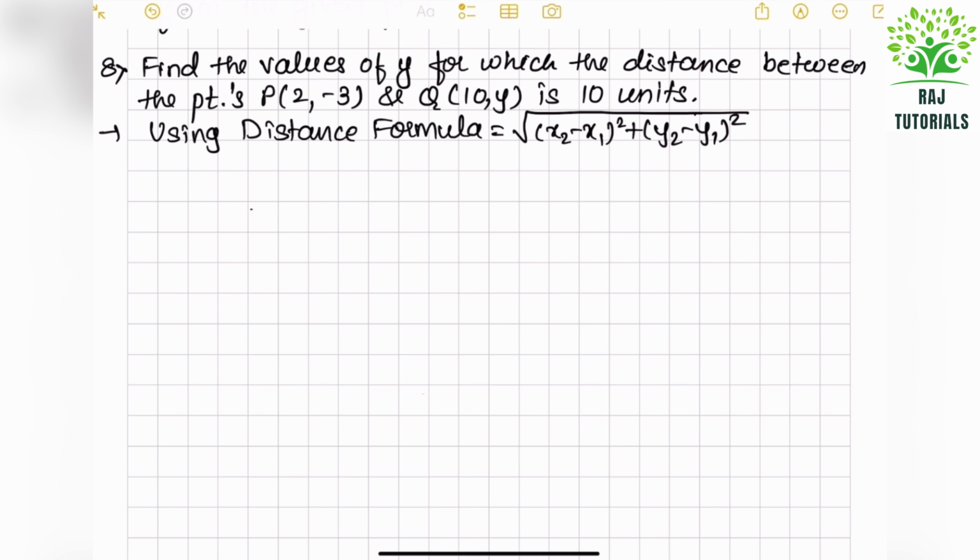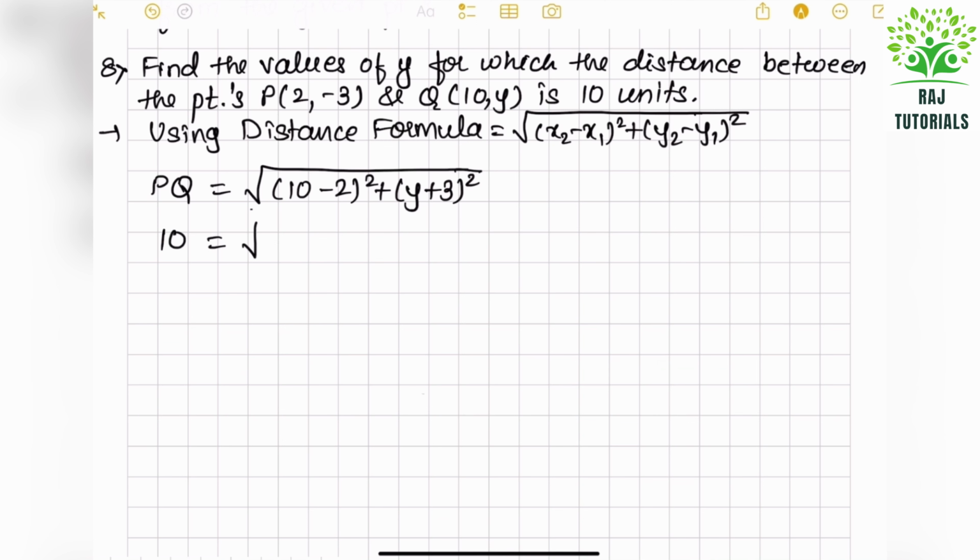Next question says find the values of y for which the distance between the points P(2, minus 3) and Q(10, y) is 10 units. So using distance formula, that is (x2 minus x1) whole square plus (y2 minus y1) whole square, I can say PQ will be equal to root of (10 minus 2) whole square plus (y minus of minus 3), so plus 3, whole square.